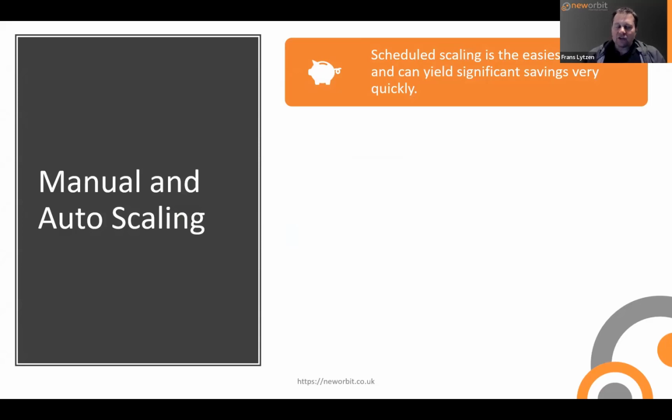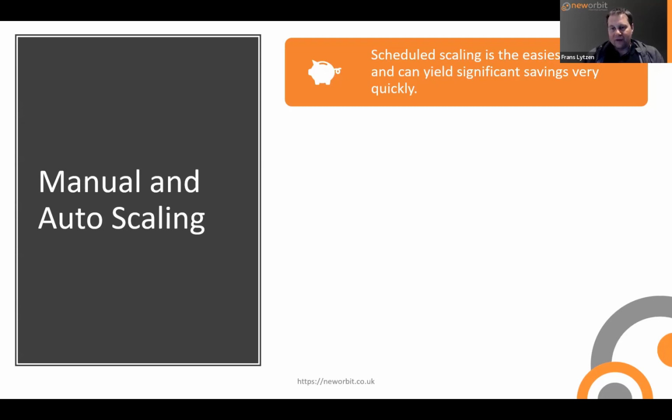Auto scaling is hard. Okay, it's difficult to do for lots of reasons, which I'll come on to. But if you know that between like 5 p.m. and 7 a.m., very few people use it, you can just set up a scheduled scale to go from 6 VMs to 2 VMs between the hours of 5 p.m. and 7 a.m. You've just reduced your bill by 2/3 for 2/3 of the time.